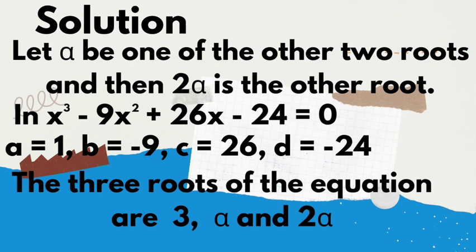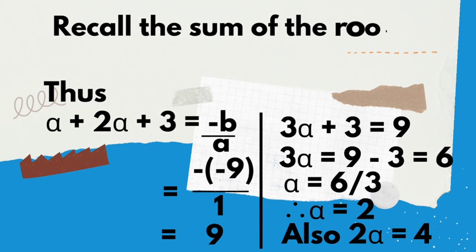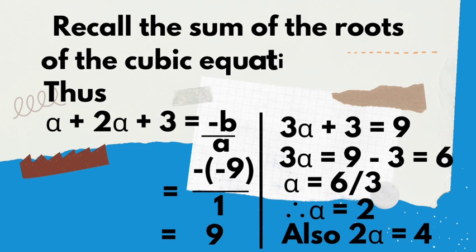The three roots of this equation are 3, alpha and 2 alpha. Recall that the sum of the roots of the cubic equation is equal to minus b over a. Therefore, addition of all these roots, alpha plus 2 alpha plus 3 is equal to minus b over a, and that is minus of minus 9 all over 1, which gives us 9.